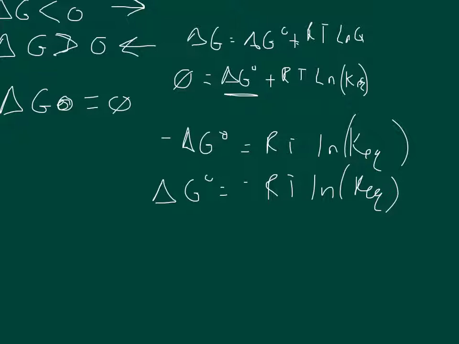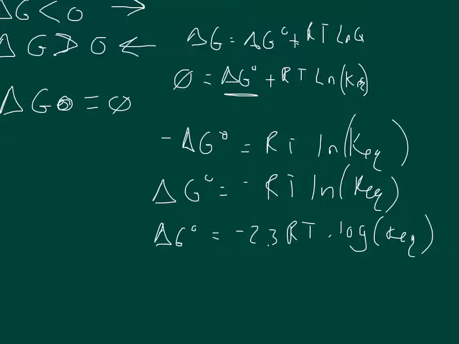A lot of people don't like to work with natural logs, so you can actually convert it to a base 10 log, which is easy to do. You simply set log base 10 of KEQ divided by log base 10 of E. And what you end up getting is that delta G standard state, if you want to put it in terms of the log of base 10, is equal to negative 2.3 RT times the log of KEQ.